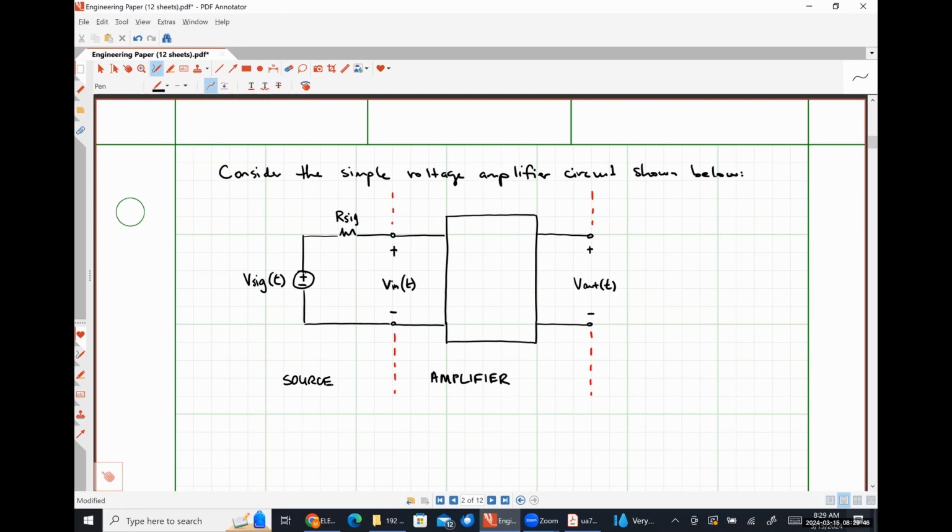And then we might have some load that we're trying to drive over here on the right-hand side. Let me write load down here.